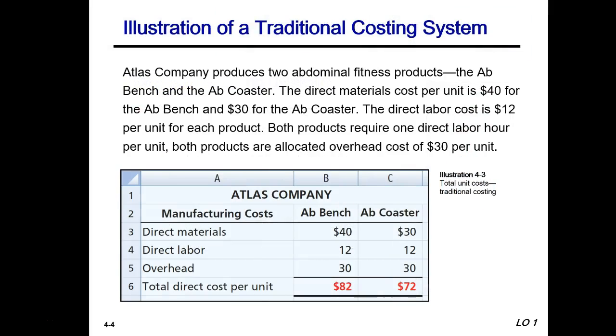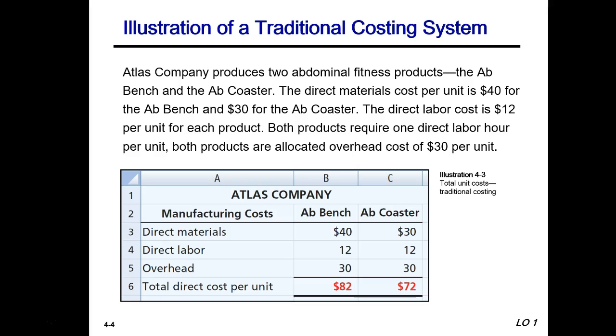Here we find an example, we'll read this. Atlas Company produces 2 abdominal fitness products, ab bench and ab coaster. The direct materials cost per unit is $40 for the ab bench, and it's $30 for the ab coaster. The direct labor cost is $12 per unit for each product. Both products require 1 direct labor hour per unit, and both products are allocated overhead costs, those predetermined rates, of $30 per unit.